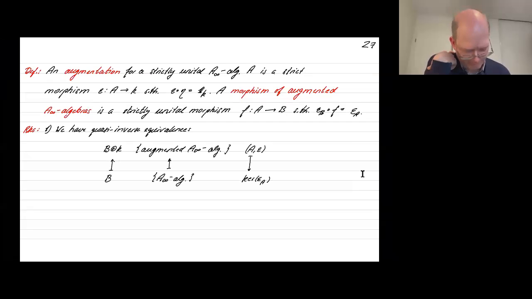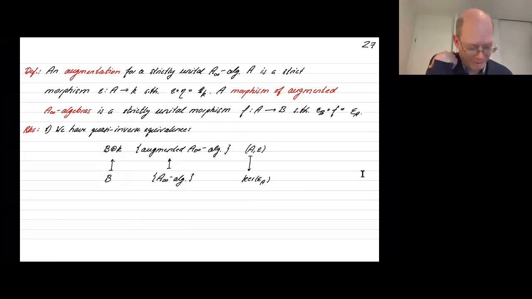As for usual algebras, it's a nice exercise to show that the category of non-unital algebras is equivalent to the category of augmented algebras.